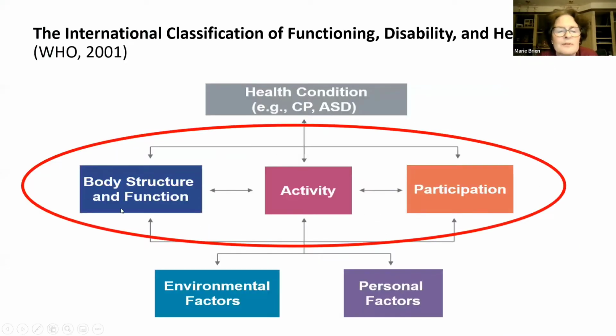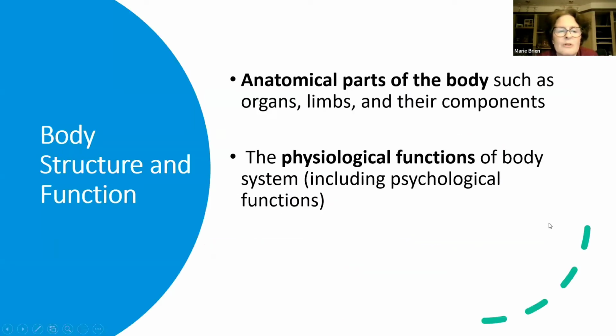So looking firstly at our 3 domains of body structure and function, activity, and participation. We know body structures and functions are the anatomical parts of the body, such as organs, limbs, and their components, and physiological functions of body systems.